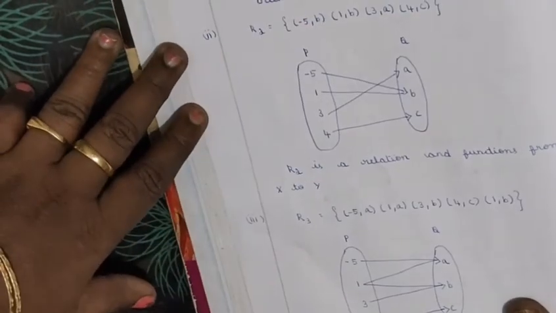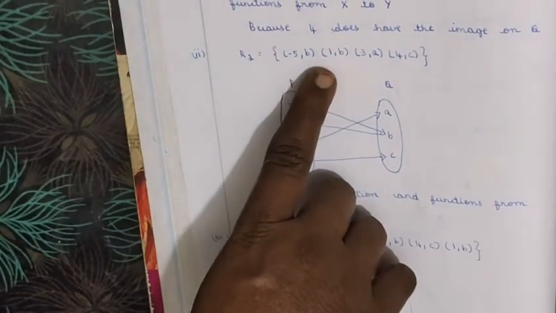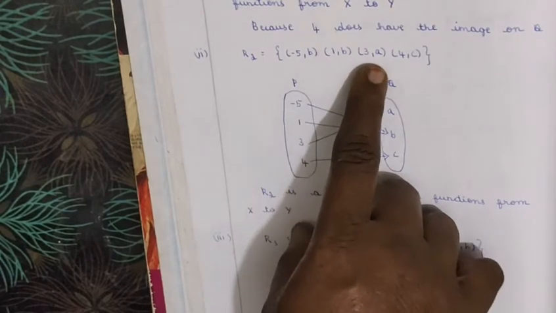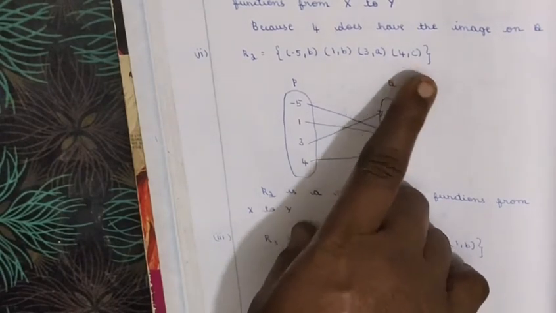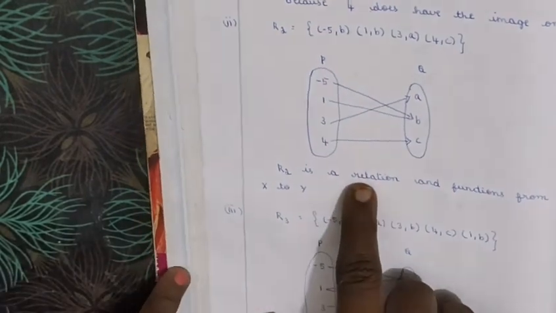Okay. Now the second relation is given as minus 5, B, 1, B, 3, A and 4, C. Okay. Now represent this in an arrow diagram.